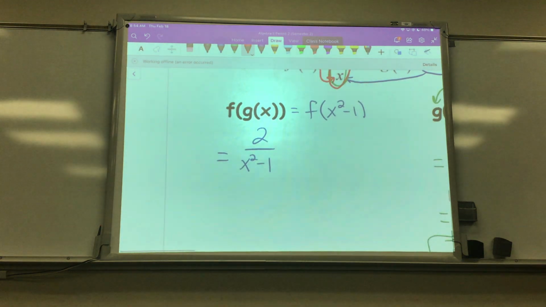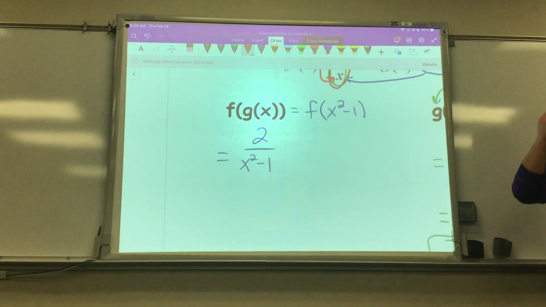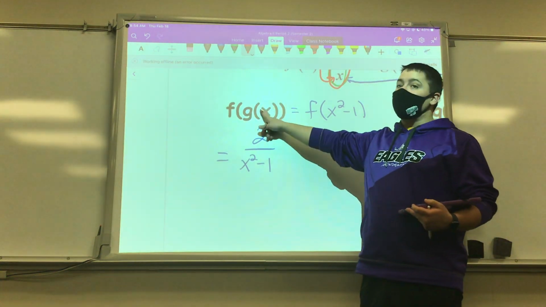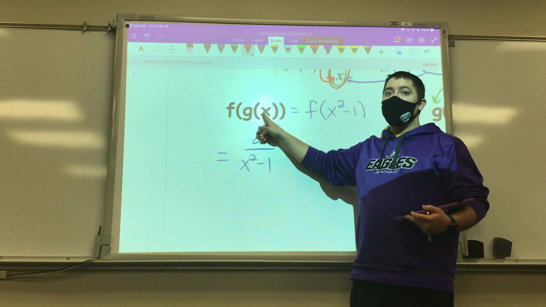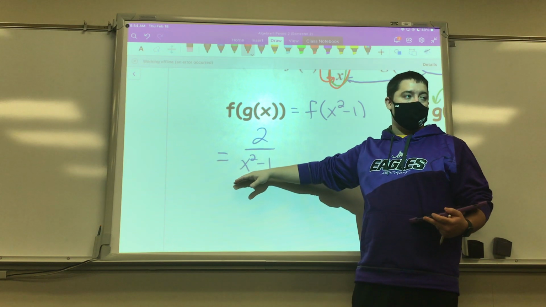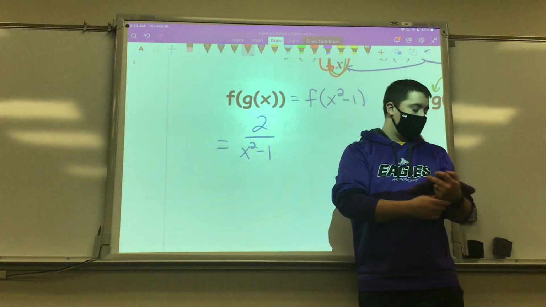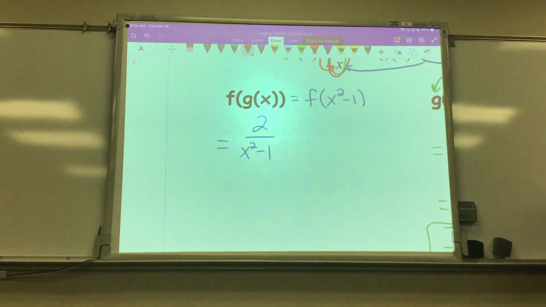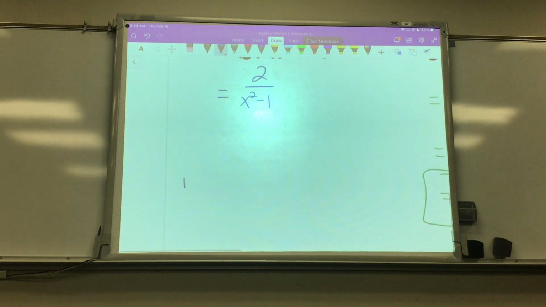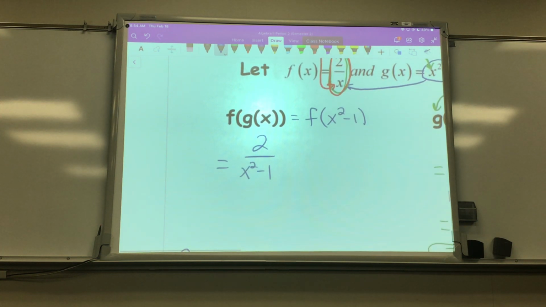What you have to do is look at the domain of whatever was inside the parentheses and the final result. So in this first one, g of x was on the inside, right?